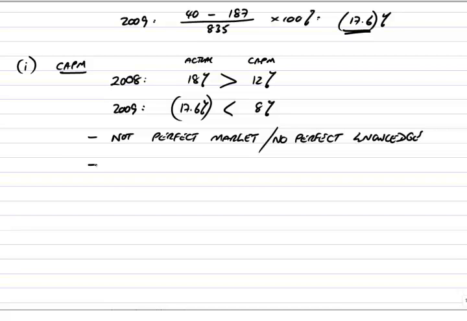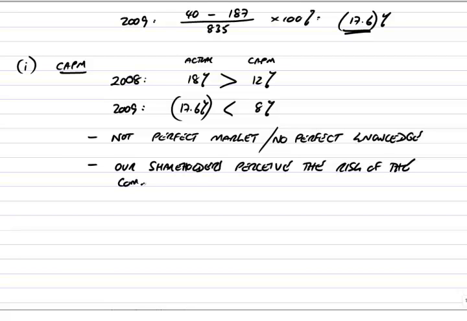Capital asset deals with the business risk. It's measured by the beta. We normally look at it for the sector on the assumption that all similar businesses have similar risk. Well, it would seem to suggest here that our shareholders perceive the risk of the company to be different from that of the sector.